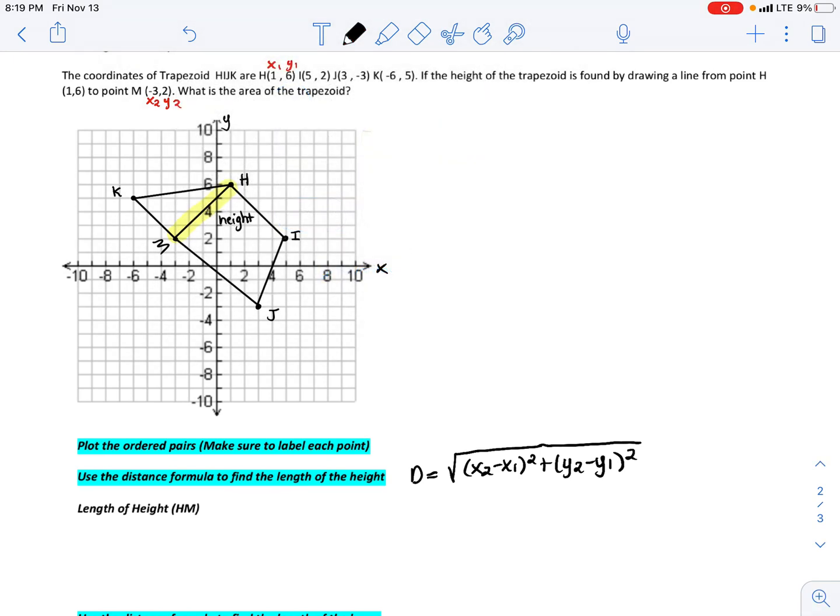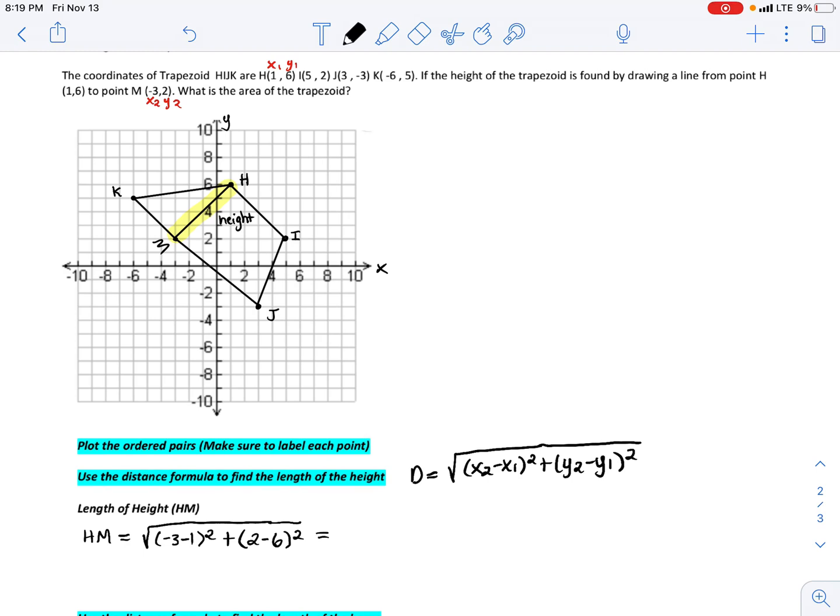And so from here I have that HM is equal to the square root of x2, which is -3, minus x1, which is 1, squared, plus y2, which is 2, minus y1, which is 6, squared.